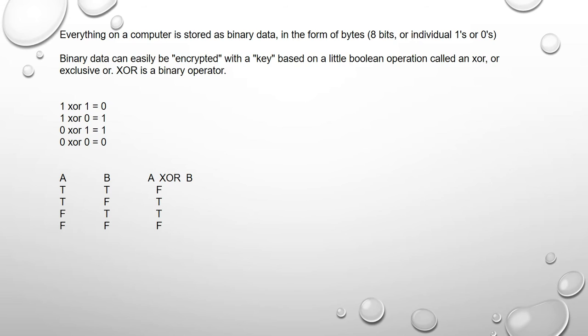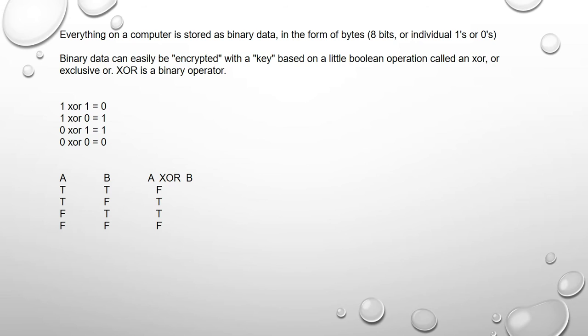Okay. So binary data can easily be encrypted with a key based on a little Boolean operation called the exclusive OR operator. It is also a binary operator. In exclusive OR, if your two arguments are true and true, then your output is false.